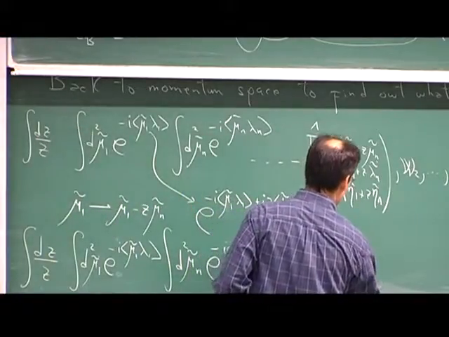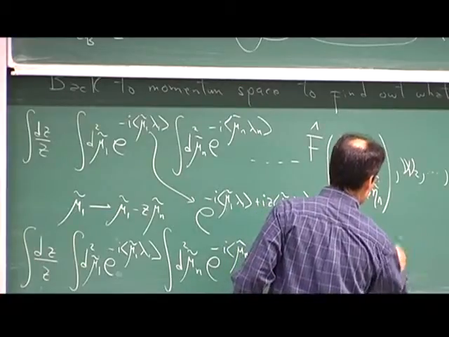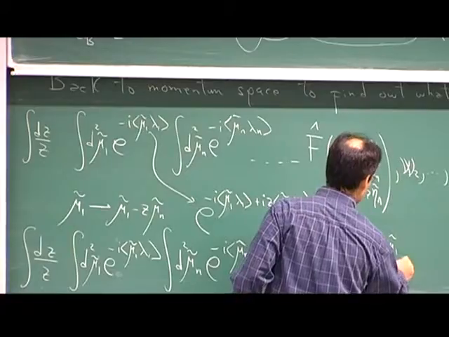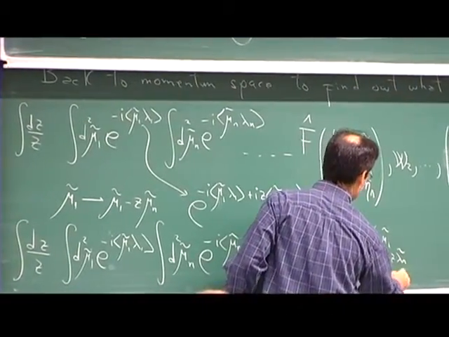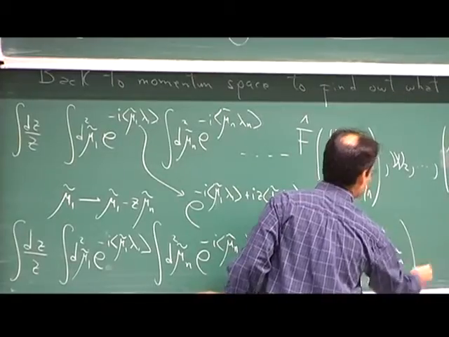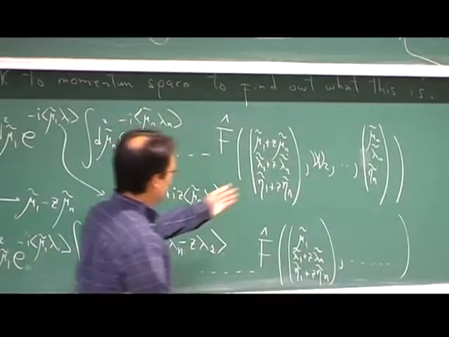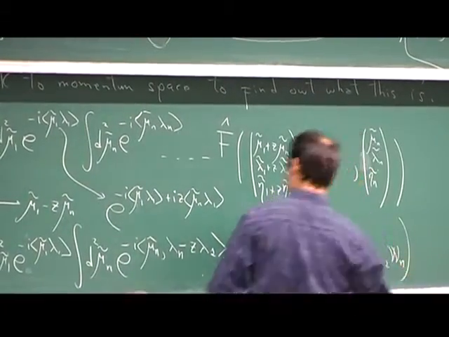And I get f of mu1 tilde, lambda 1 plus z, lambda n tilde, eta 1 tilde, and the rest. Nothing here has changed, so it's all the same up to Wn.